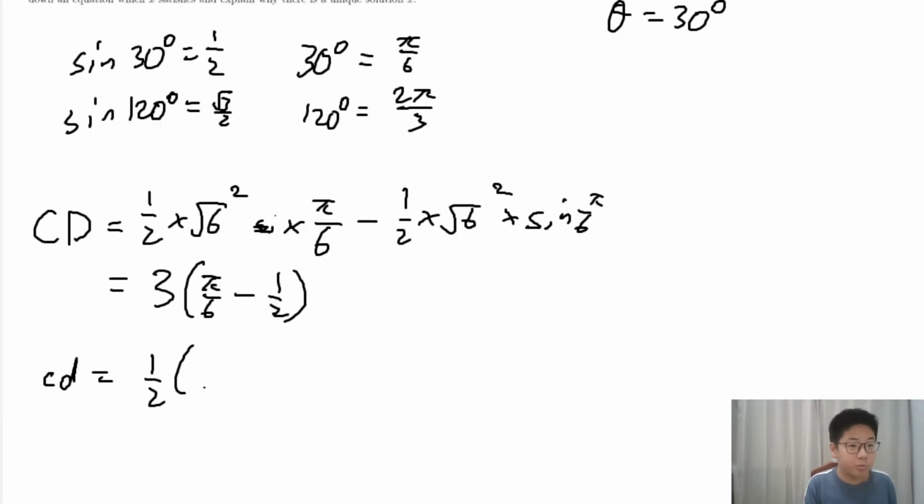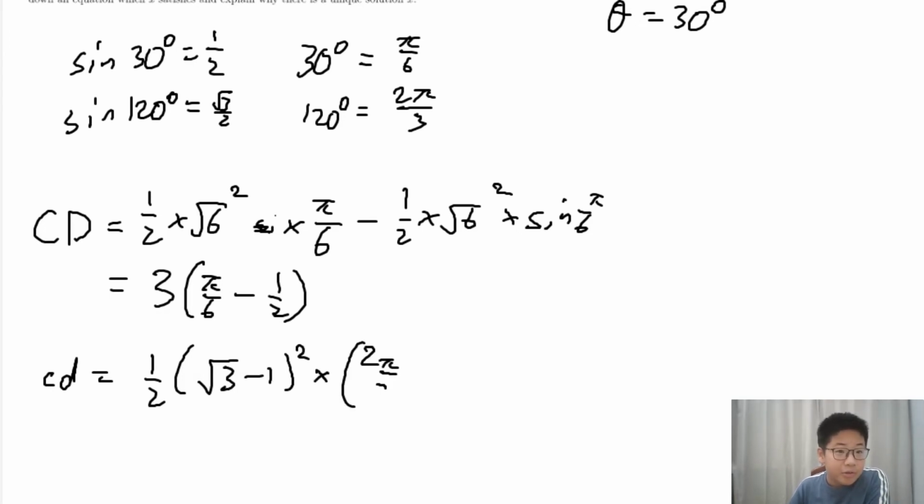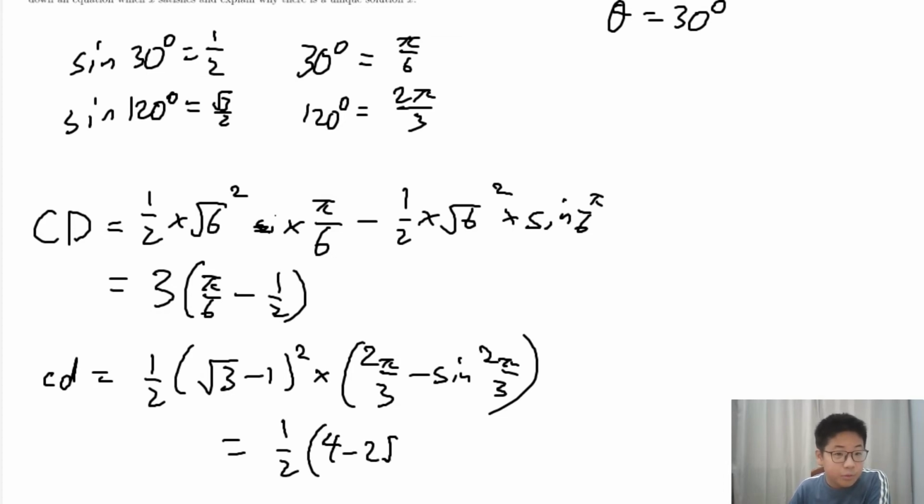There, root 3 minus 1 squared times 2 pi over 3 minus sine 2 pi over 3 equals half, 4 minus 2 root 3 and then 2 pi over 3 minus root 3 over 2.